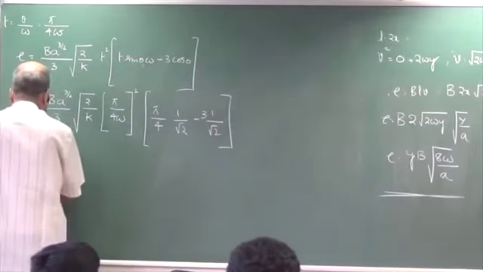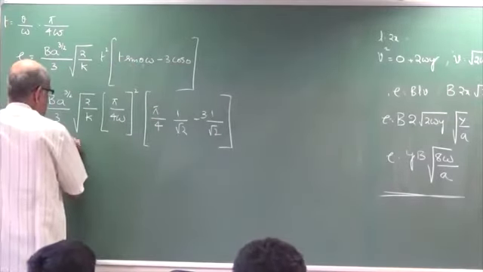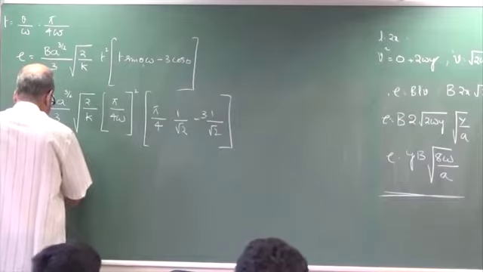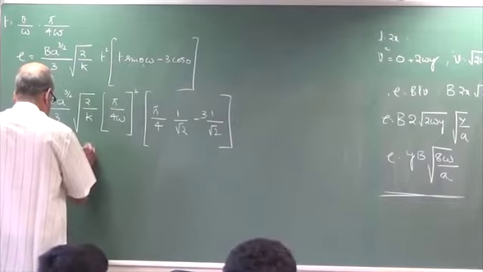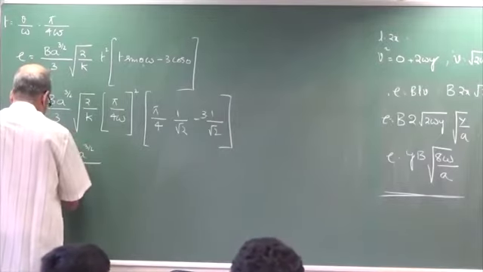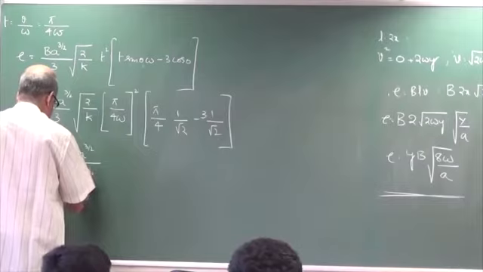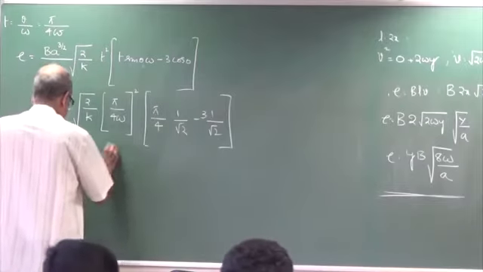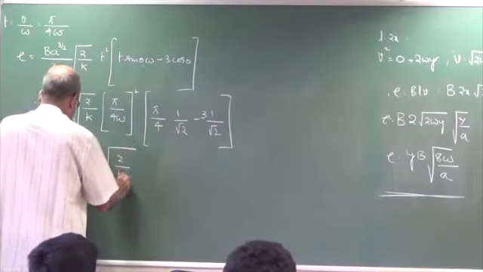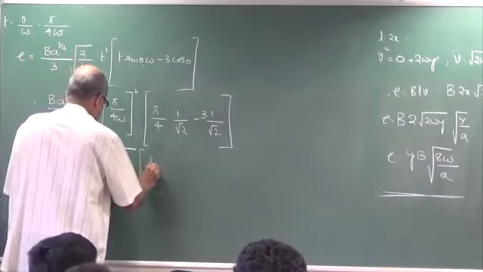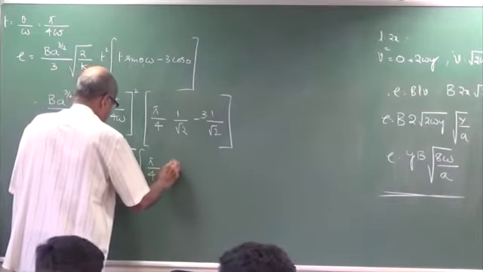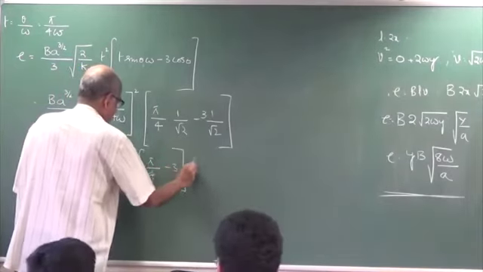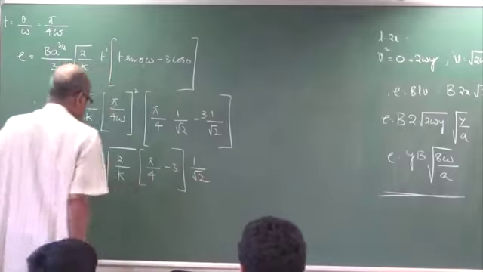Or this you can write as pi squared B a power 3 by 2 by 48 omega squared root 2 by k, pi by 4 minus 3 into 1 by root 2.